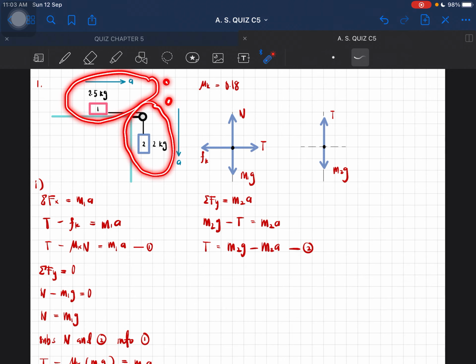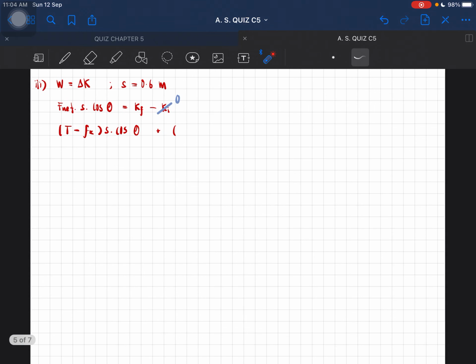We have to add both together to find the net force. The net force for the second block is m2g minus T times s cos theta equal to kinetic energy final. You should just get the value after substituting the numbers.